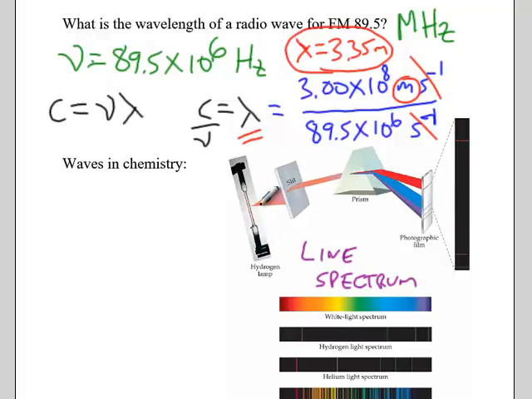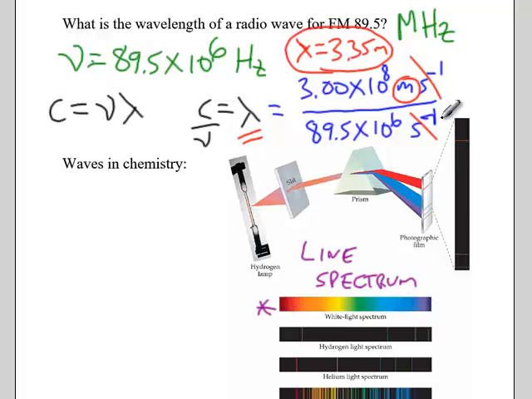We turn on the power, and the lamp will light up, and we take some of the light, pass it through this slit that goes into a prism, and we break up the colors of the light. Just like here, we have what would come out of the prism from white light or from sunlight. You're going to get all the colors of the rainbow, Roy G. Biv, and this is called a continuous spectrum.